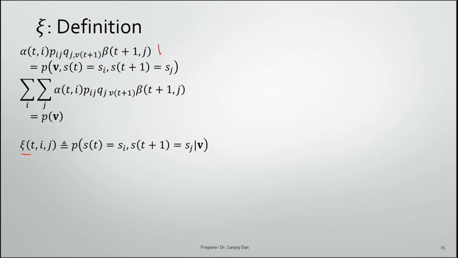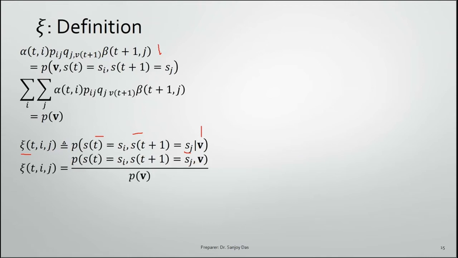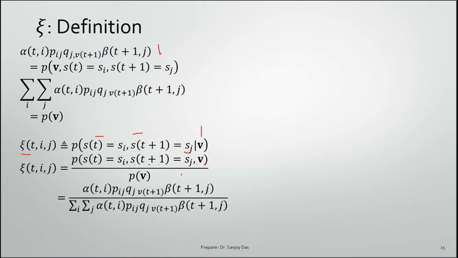So the definition of Zeta t(i,j) is the probability of the current state being Si and the very next time step being at state Sj given the entire vector V. Now this conditional probability can be expressed using Bayes' rule as the joint probability of St equals Si, St+1 equals Sj, and V, divided by the probability of V, which is equal to this.